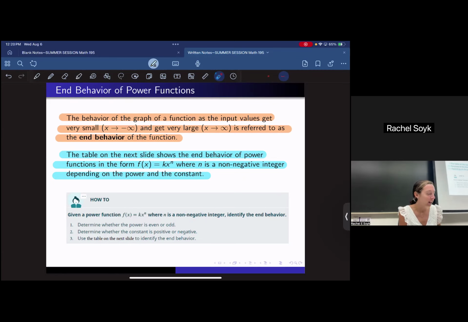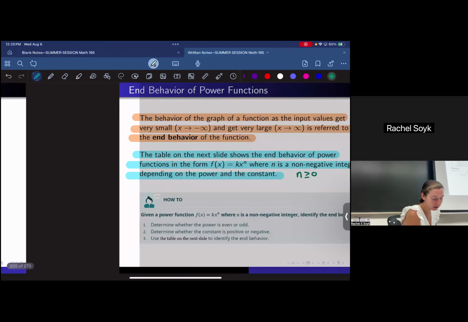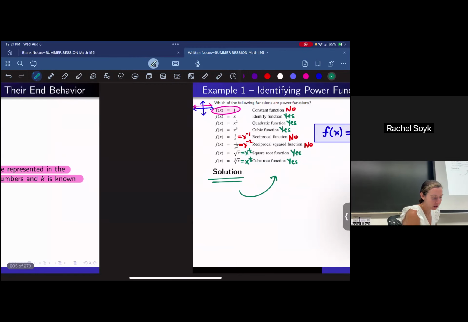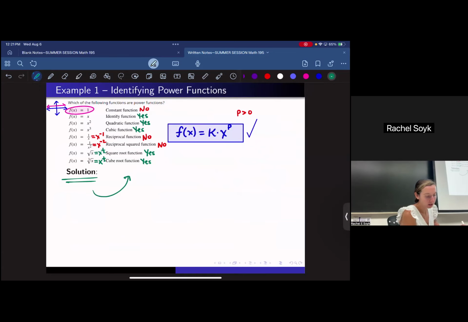Good. Non-negative is just a fancy way of saying n is greater than or equal to 0. Which, actually, if that's the case, then technically a constant function would be considered a power function.